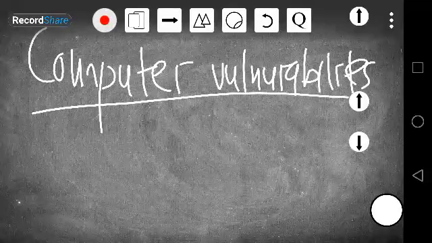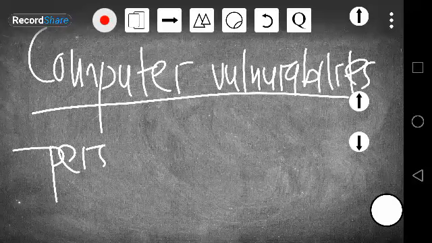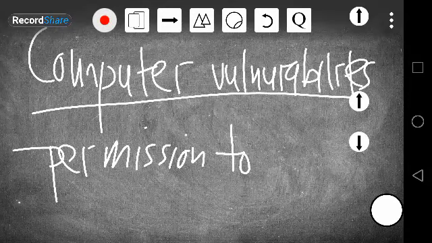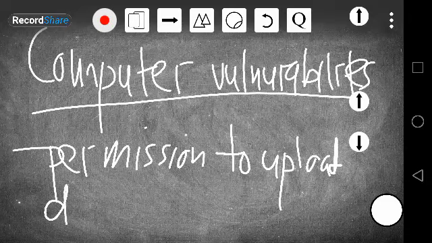And these common vulnerabilities include things like permission to upload dangerous files.